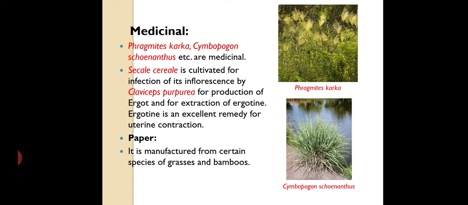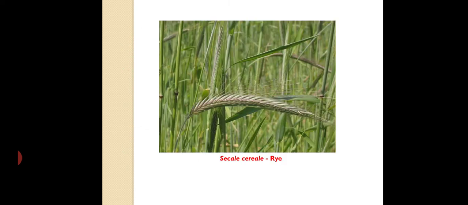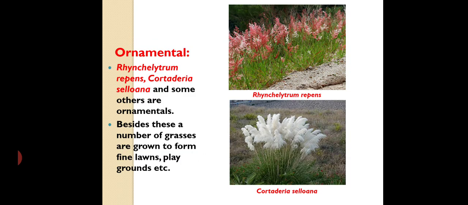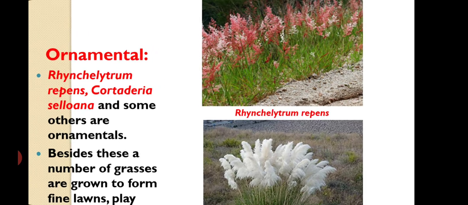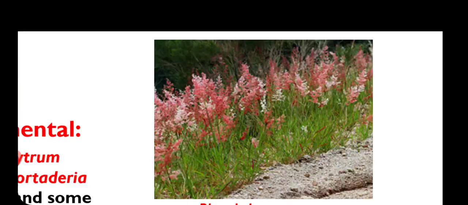Okay. Then paper industry, that is bamboos. Some other species, Dendrocalamus also, is used in the paper industry. And this is Secale cereale, that is rye. Then these are some of the ornamental grasses, that is Pennisetum, with a very beautiful inflorescence.